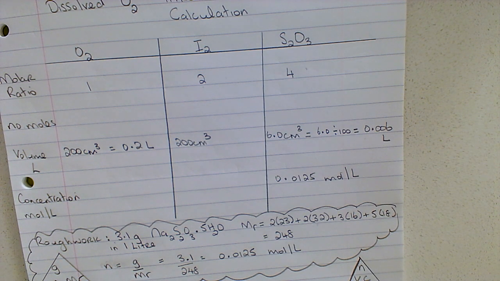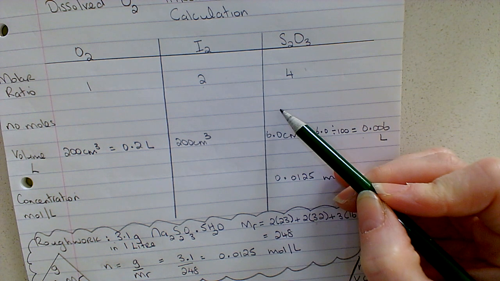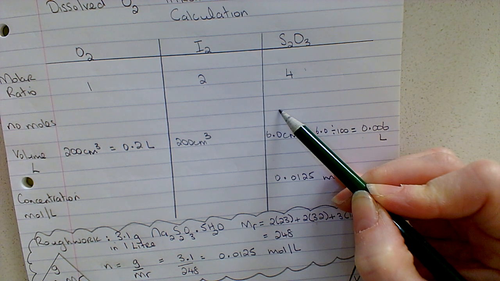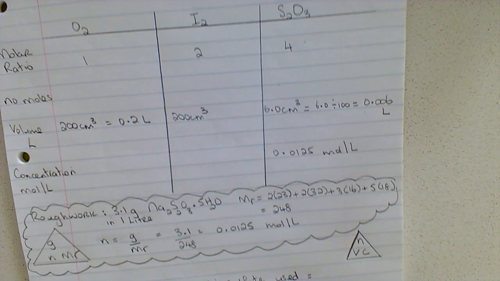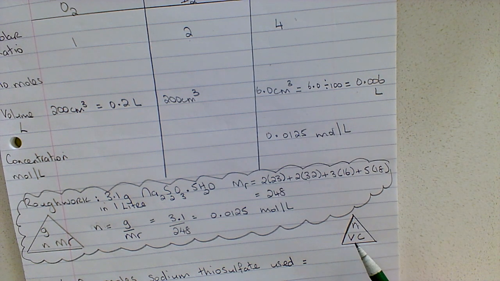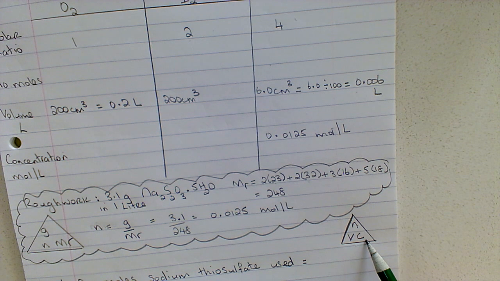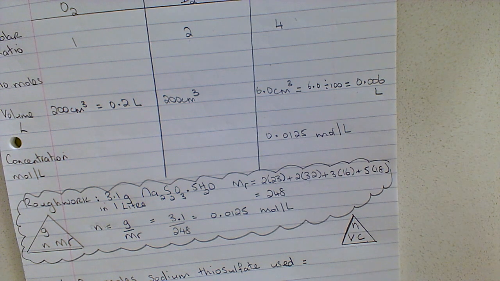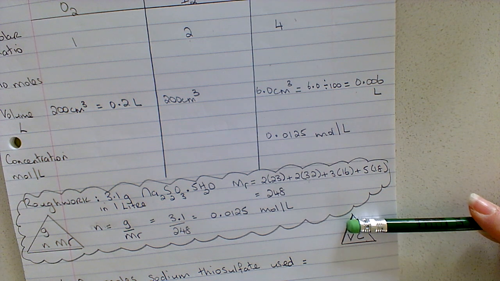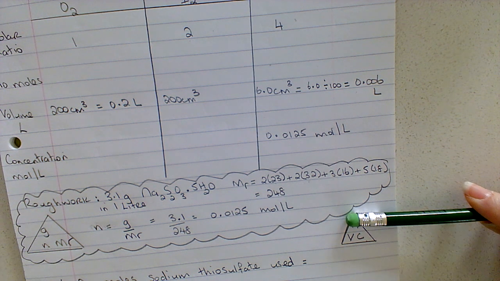Now, we want to work out in D part 1 the average number of moles of sodium thiosulfate used in the titration. So we'd like to fill in this box here. I'm going to use my handy little triangle, my not very complicated triangle. If I want to work out the number of moles, I cover number of moles, and I'm left with volume times concentration.